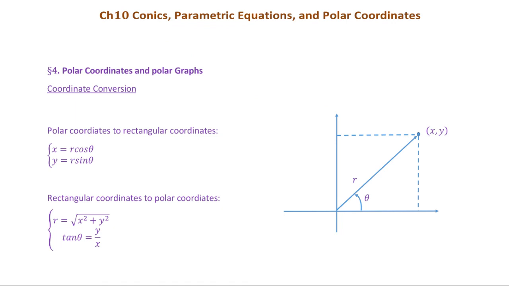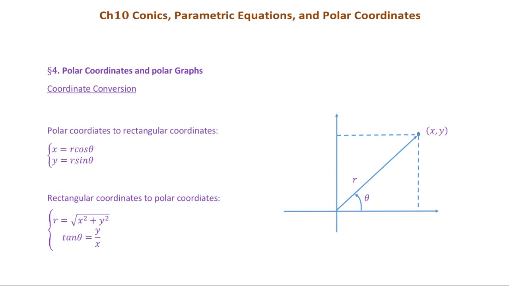Okay, so then we have two types of coordinate systems on the same plane. Then obviously, they should have some conversion between those two coordinate systems. In other words, if I give you the rectangular coordinates, you should be able to find the polar coordinates of the point on the plane.